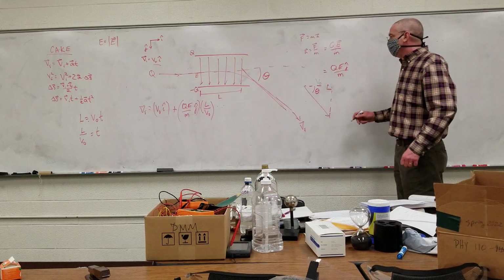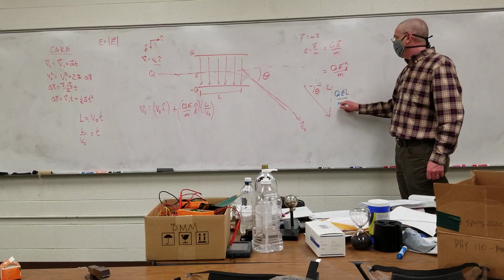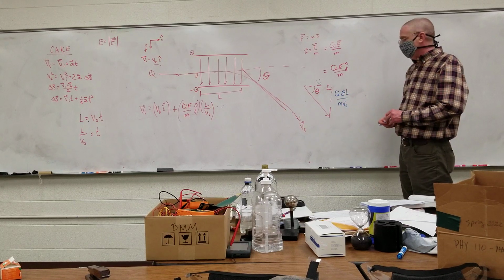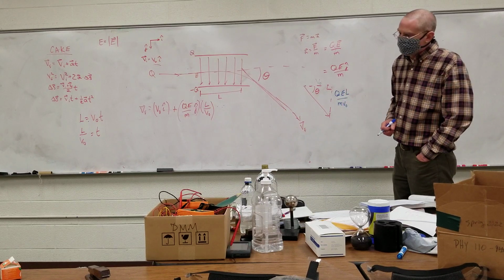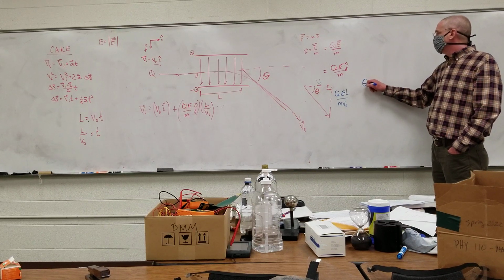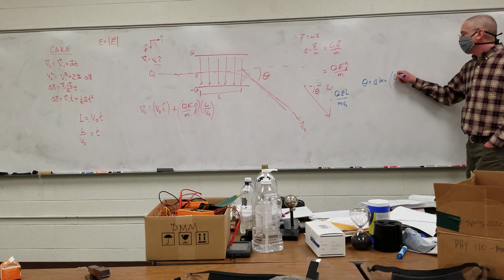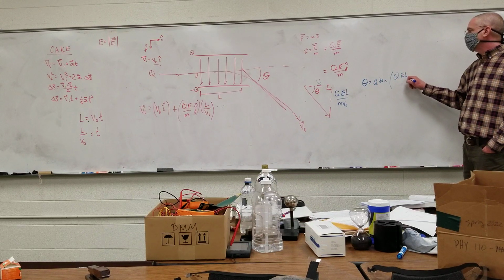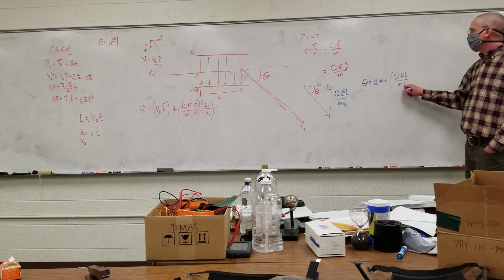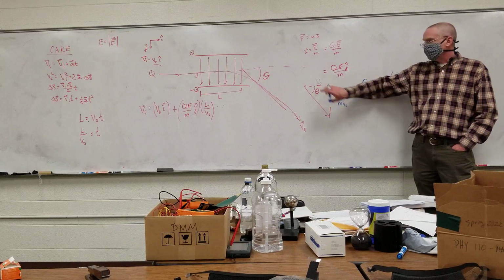My vertical component is proportional to Q E L over M V sub naught. And so theta is the arctan of Q E L over M V sub naught squared, that opposite over the adjacent.